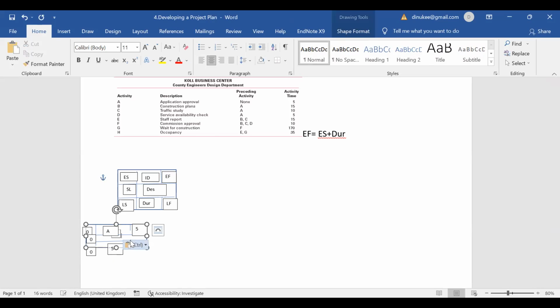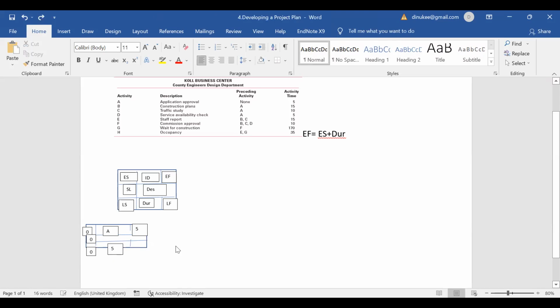Is that clear for you, when I am drawing like this way? Or shall I, in the next lecture, draw it on a paper and show it to you?